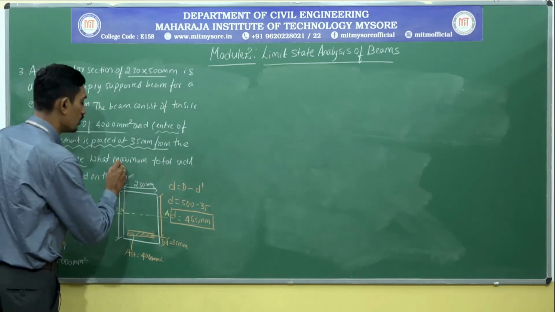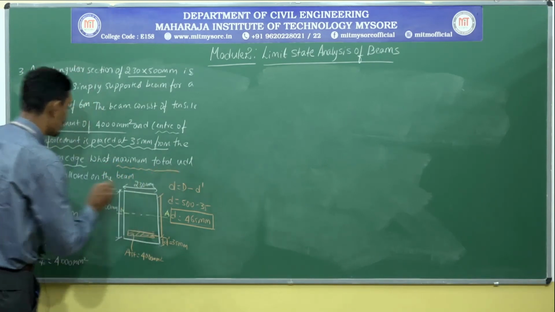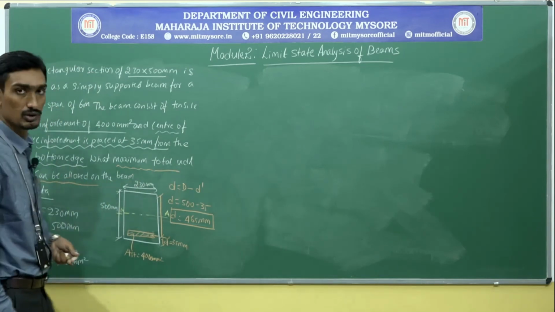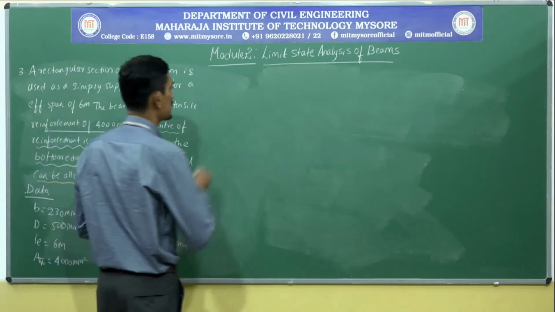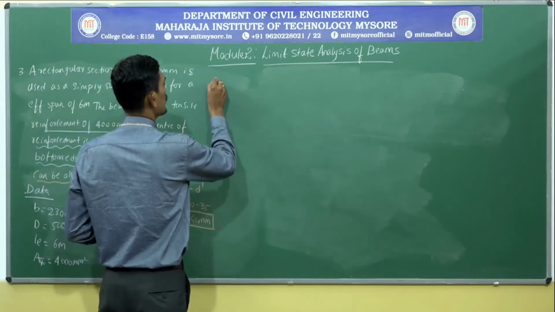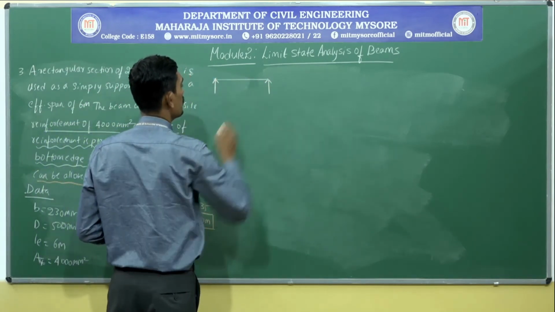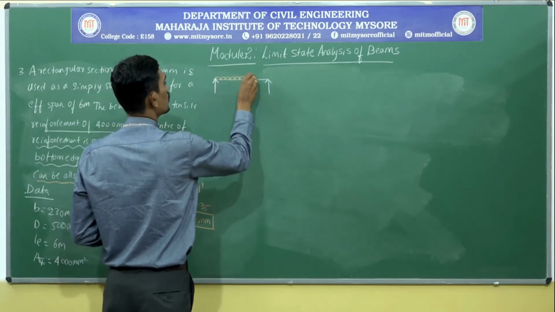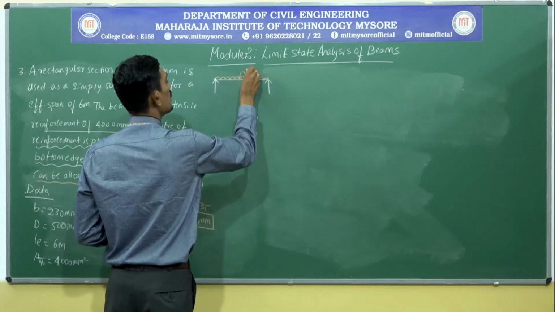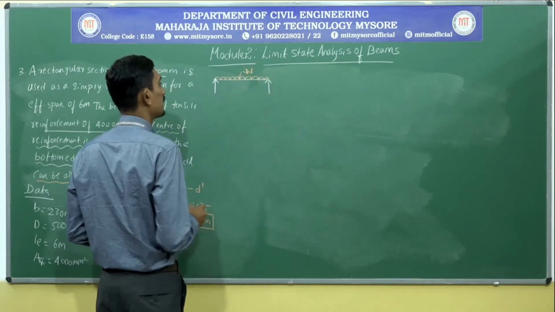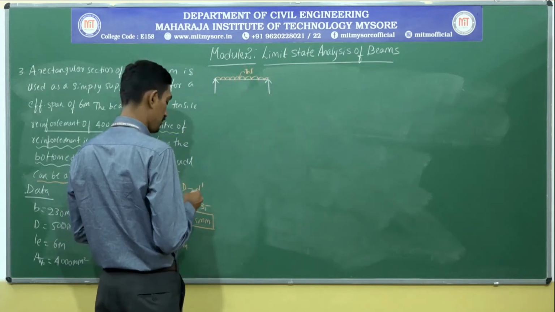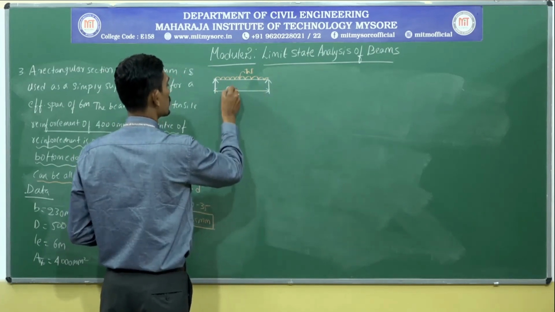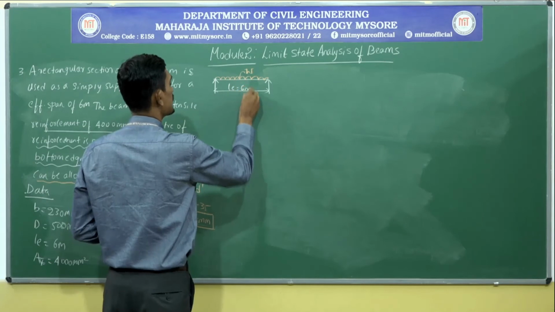Next, what is the aim of this problem? It is asking what is the maximum total UDL that can be allowed on the beam. This is a simply supported beam, so he is asking what total UDL it can carry with this effective span, the support to support distance of 6 meter.